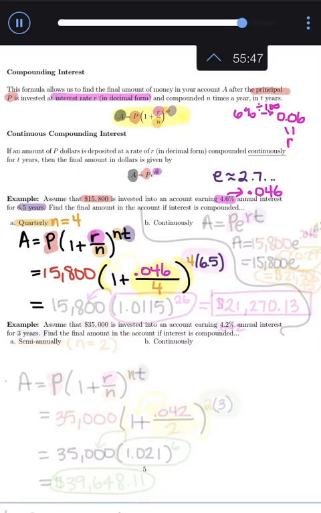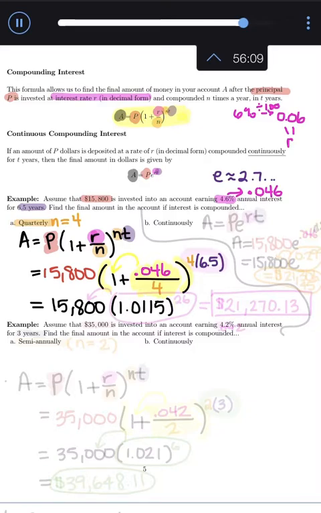And then we'd take that and add it to the 1 that was in front. So that now gives us 15,800 times 1.0115.